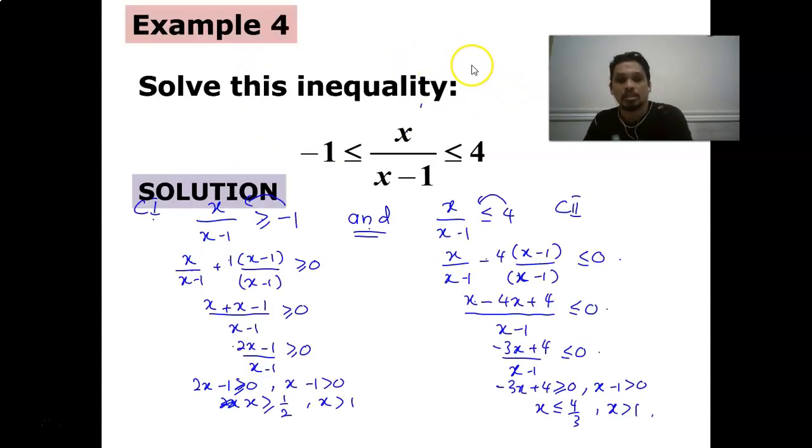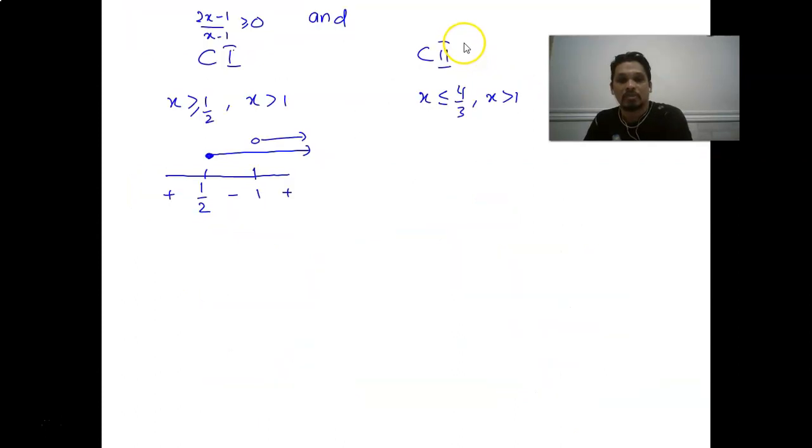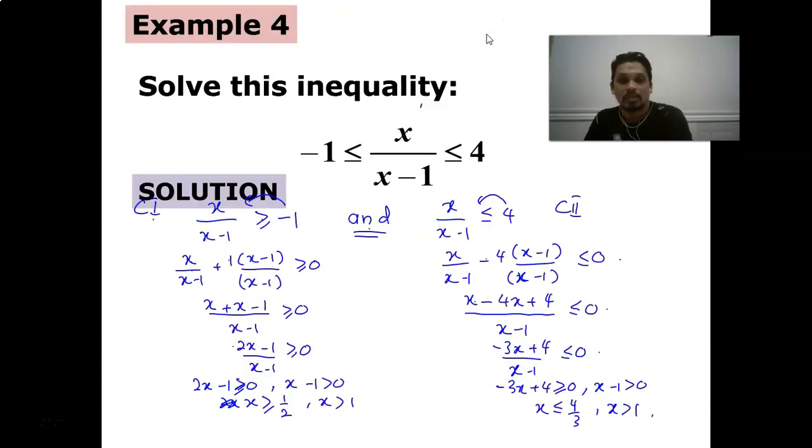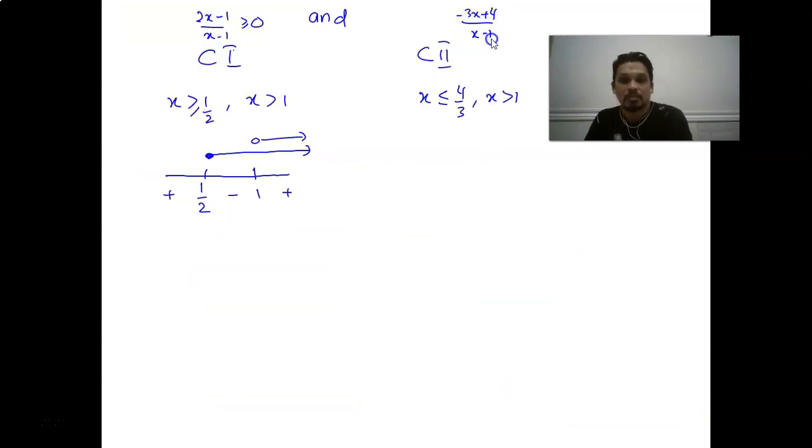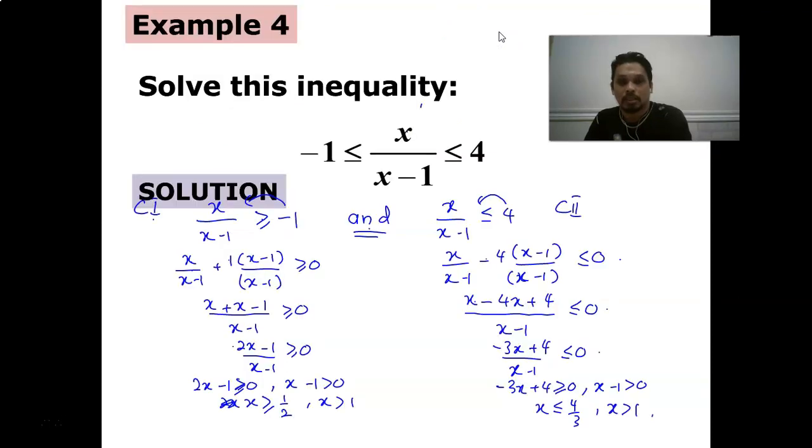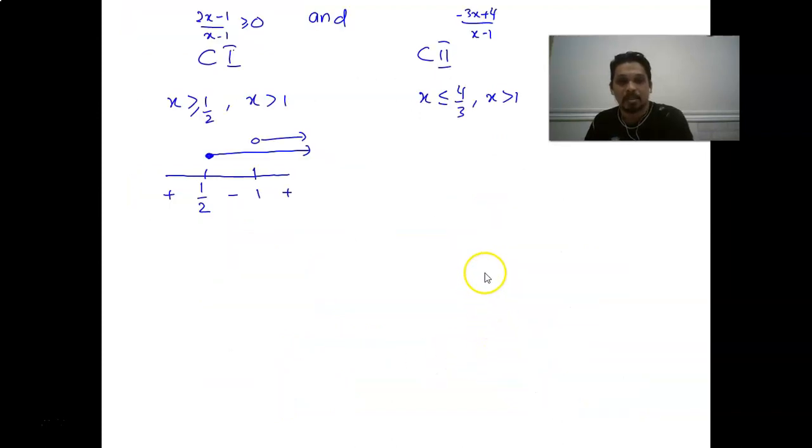And here is negative 3x plus 4 divided by x minus 1, less than or equal to 0. Okay, I'm now copying out this part and this part. Less than 0. Less than or equal to 0.